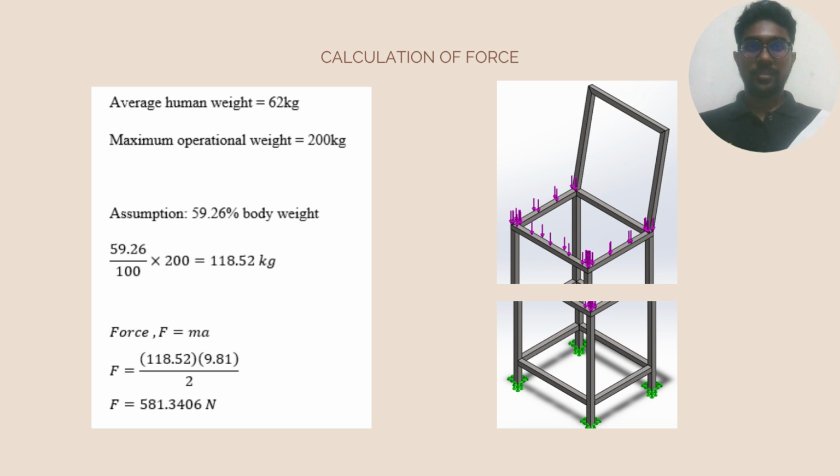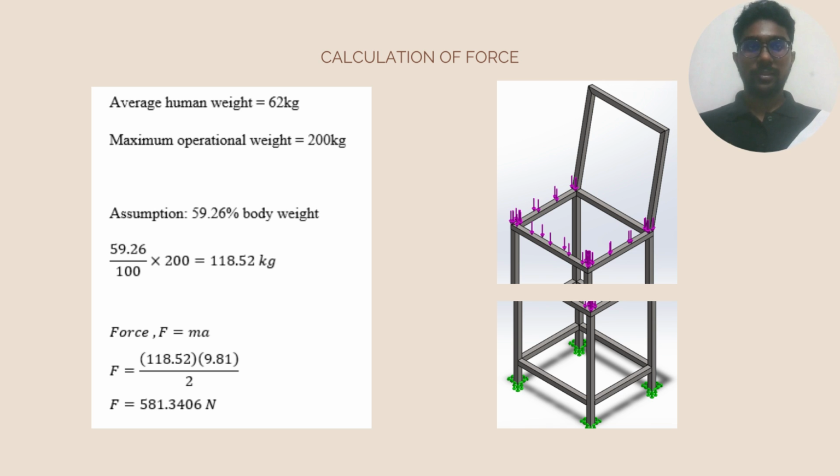With the assumptions made to calculate the force acting on the sitting area of the chair frame, we use the average human weight of 62 kilograms and the maximum operational weight of 200 kilograms. We make the assumption that we are using only 59.26% of the body weight, since we are only considering the upper body, and from that we get the weight acting on the chair frame as 118.52 kilograms.